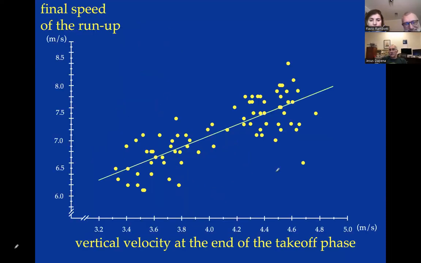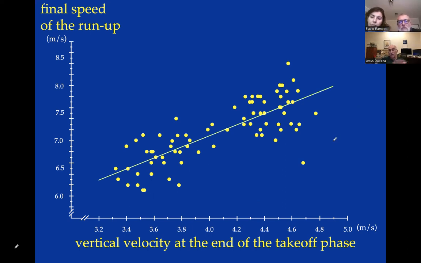In this graphic, every dot is one jump by one high jumper. In the horizontal, what you have is the vertical velocity at the end of the takeoff phase. This is imperfect, but it's the best way we have of evaluating the power of the takeoff leg of the high jumper.